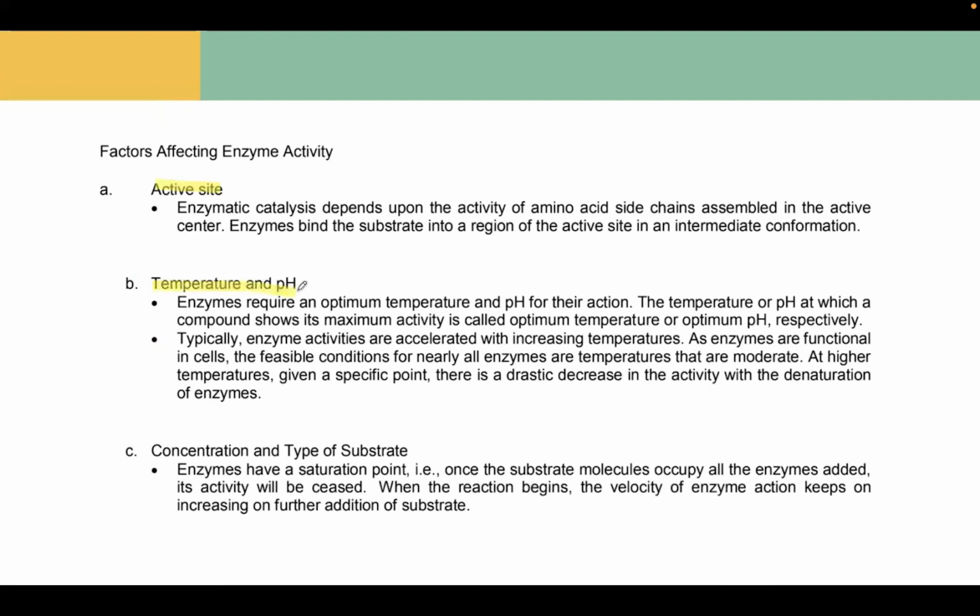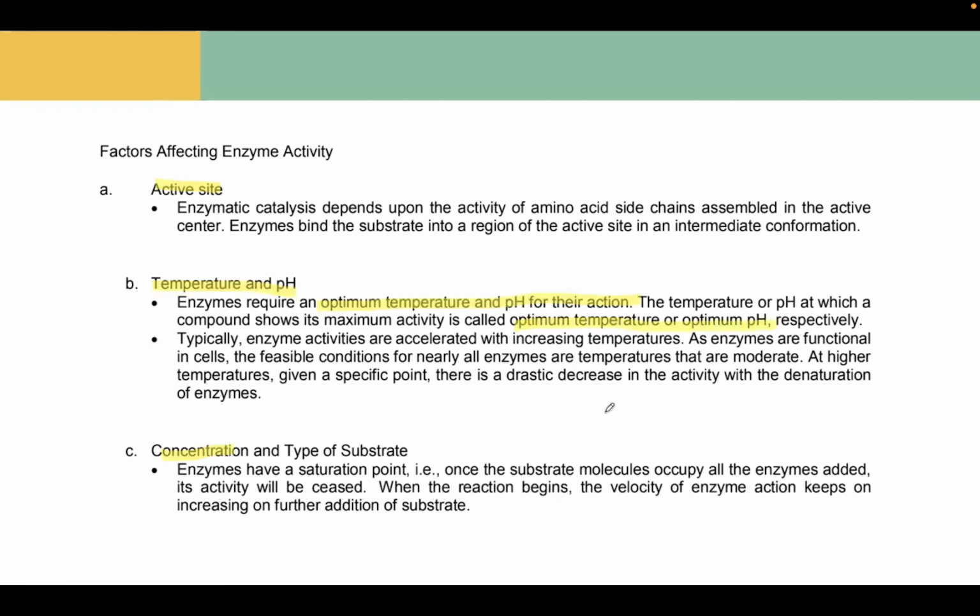Okay, for our enzymes to work optimally, meron dapat tayong sinusunod na certain temperature and pH sa ating katawan. Okay? And lastly, the concentration and type of the substrate. Enzymes require an optimum temperature and pH for their action. The temperature or pH at which a compound shows its maximum activity is called optimum temperature or optimum pH respectively.